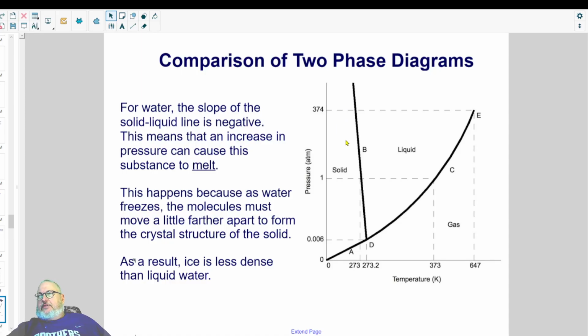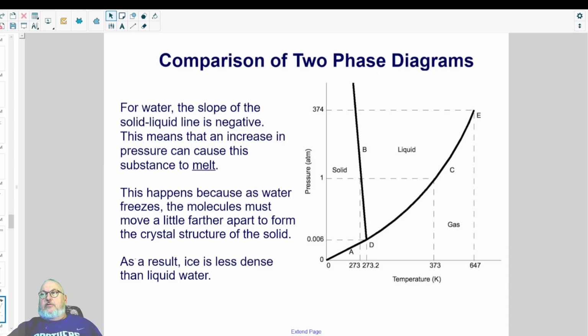It leans to the left. This means that when we increase pressure, this will cause the substance to melt. And this is why: as water freezes, the molecules must move a little further apart to form the crystal structure of the solid because of the hydrogen bonding. As a result of this, ice is less dense than liquid water.